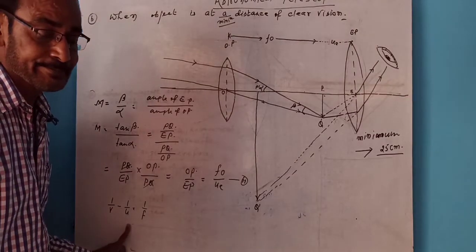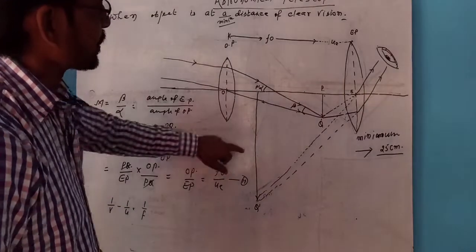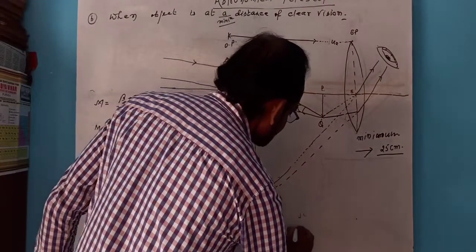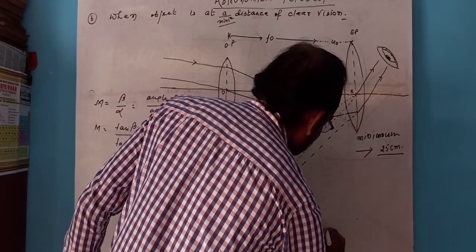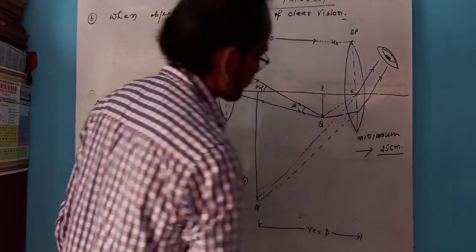Here the image VE is equal to D, the minimum distance of clear vision.